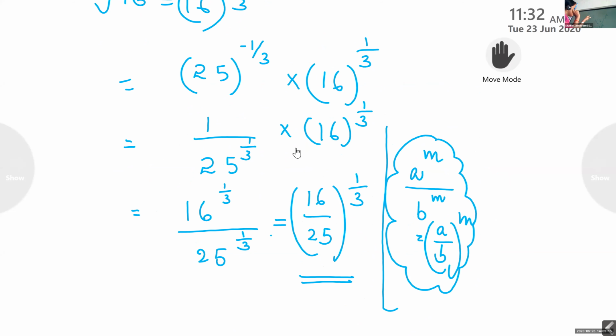We reduced negative 1 by 3 as positive 1 by 3 by shifting that number to the denominator. So it is 1 by 25 raised to 1 by 3 into 16 raised to 1 by 3. Now make it as a single fraction. 16 raised to 1 by 3 by 25 raised to 1 by 3 already there in the denominator. Use the law of exponent. Make it as a single power. This is the answer. Okay.